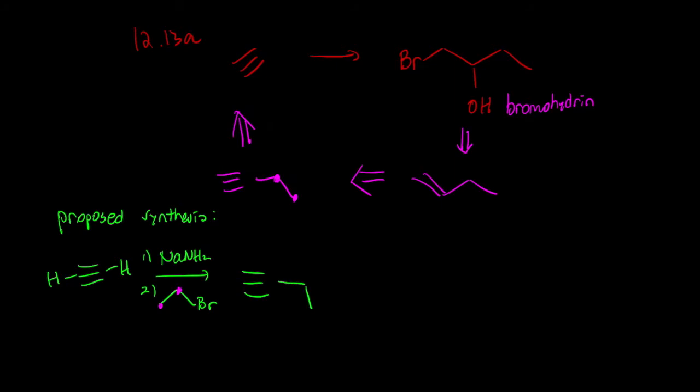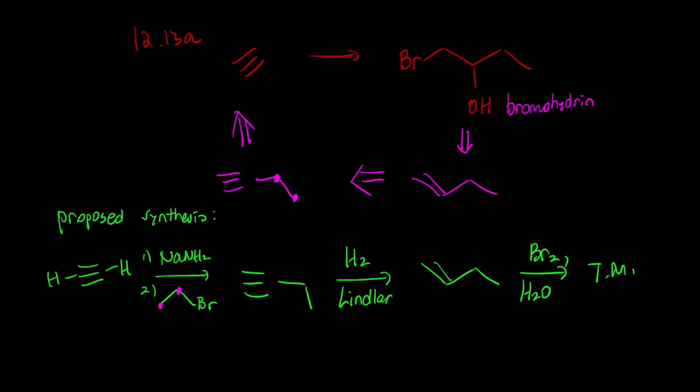And we want to transform that to an alkene, and we can do that with hydrogen and Lindlar, for example, which we discussed earlier in this lecture. And then I can use bromine and water to give me the target molecule. Okay, this is the target molecule.